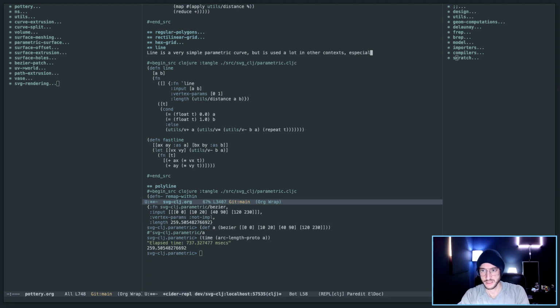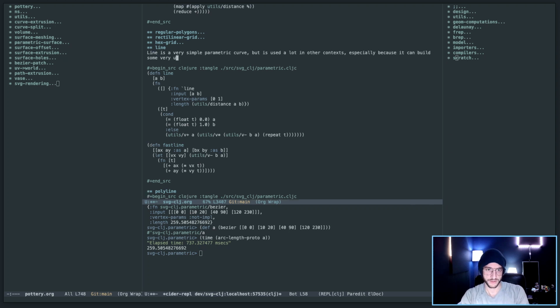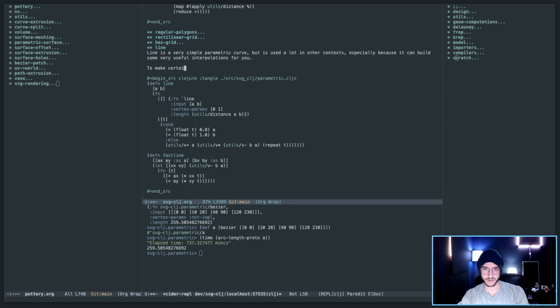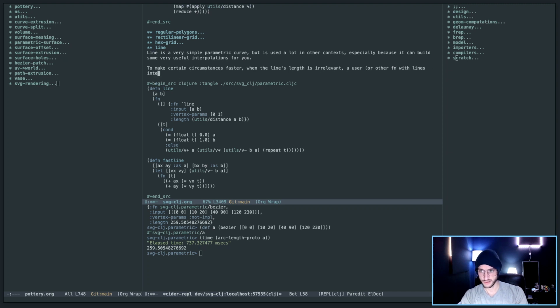Especially because it can build some very useful interpolations for you to make certain circumstances faster when the line's length is irrelevant. A user or other function with lines internally.